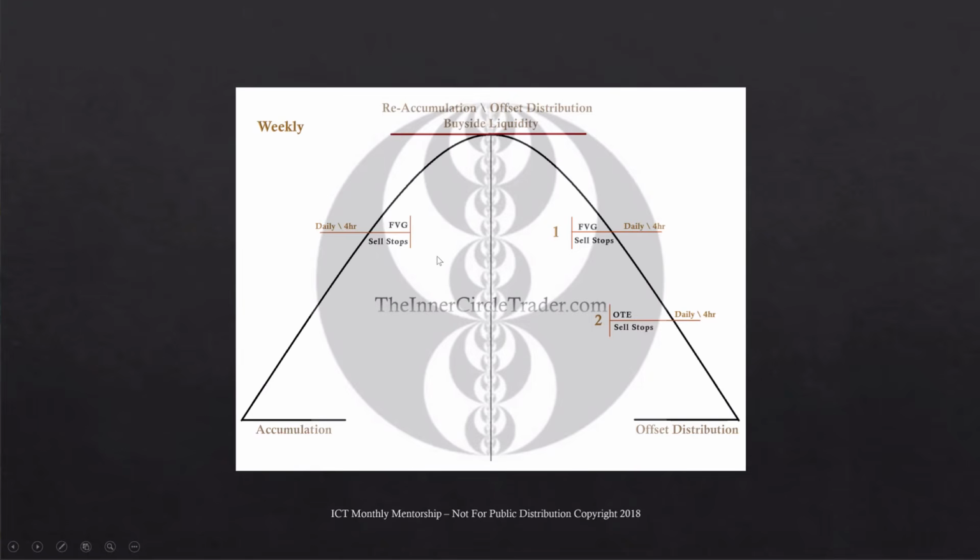Once we have a level of premium, in other words, how high it can go, then we start specifically breaking down the PD arrays from a premium standpoint. And then we map those out for buy-side liquidity, in other words, something above current price over here, prior to the expected run up to create a selling opportunity. Remember, this model is universal.